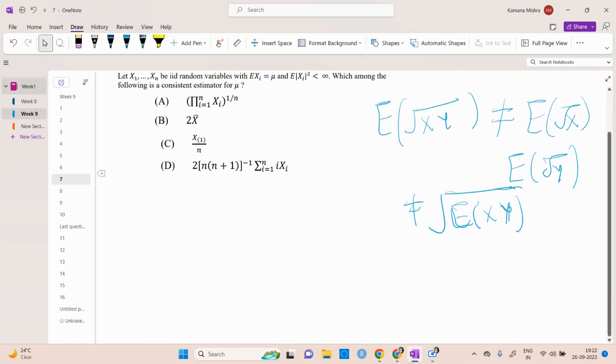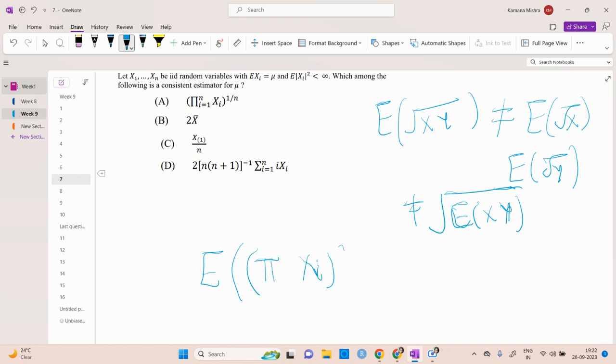So if you have expectation of the product of Xi to the power 1 upon n, then this is not equal to the product of expectation of Xi to the power 1 upon n.